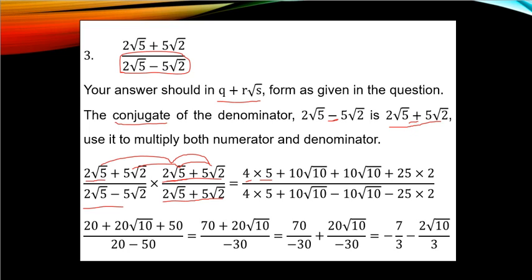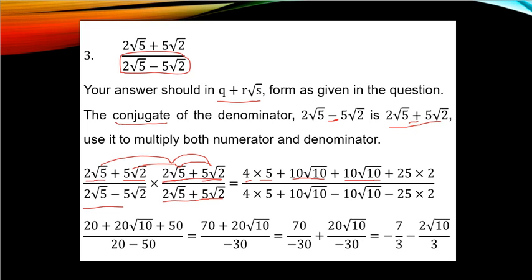Then 2 root 5 times 5 root 2, the second term, where you have 2 times 5, that is 10. Root 5 times root 2 is root 10. Plus the second term, 5 root 2 times the first term, 2 root 5, that is 10 root 2, because 5 times 2 is 10. Root 2 times root 5 is root 10.